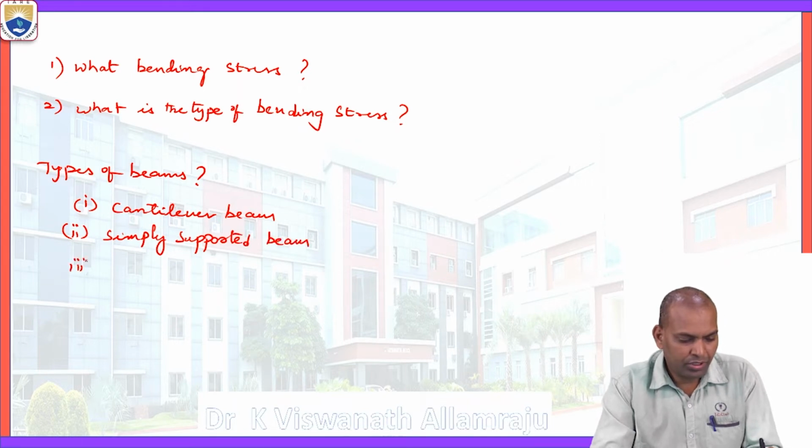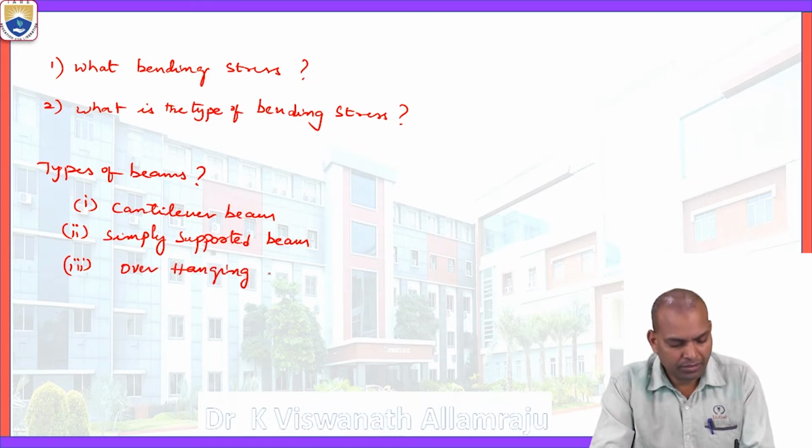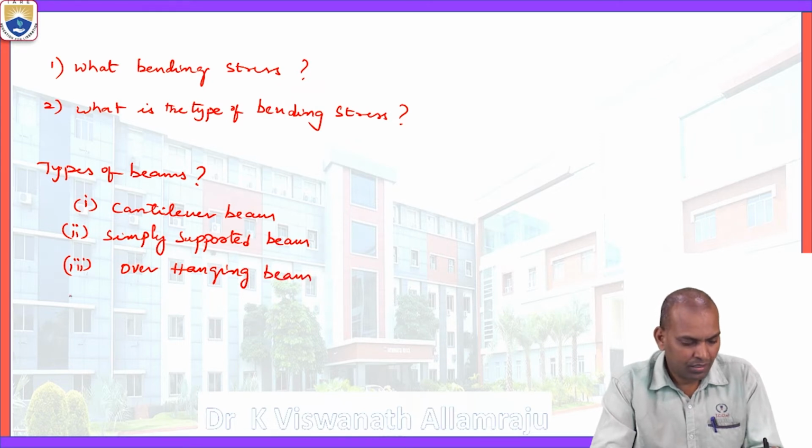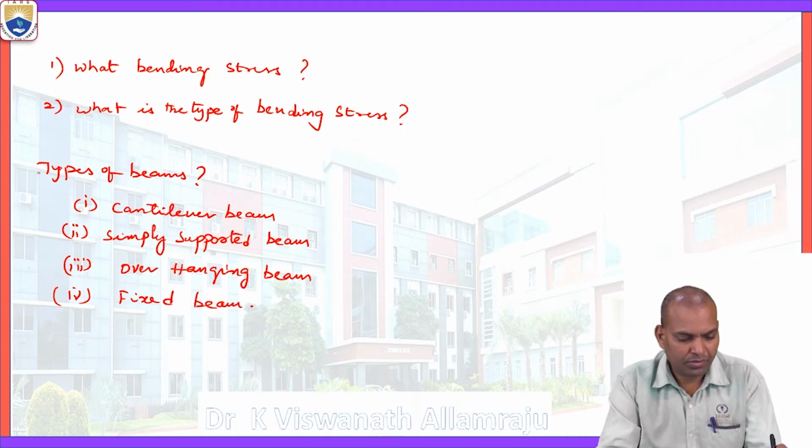The third one is overhanging beam. And the fourth one is a fixed beam. These are the various types of beams.